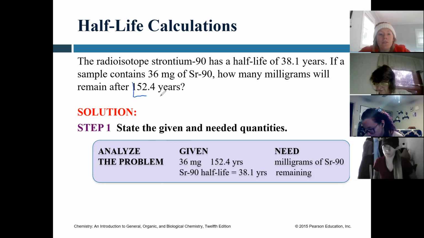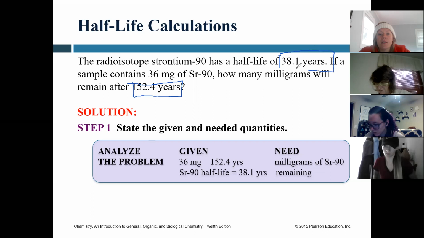So I have 152.4 years in total. I know that my half-life is 38.1 years. So I need to figure out how many half-lives have passed. If I have 152.4 years, and one half-life in this instance is equal to 38.1 years, let's figure out how many half-lives have passed.